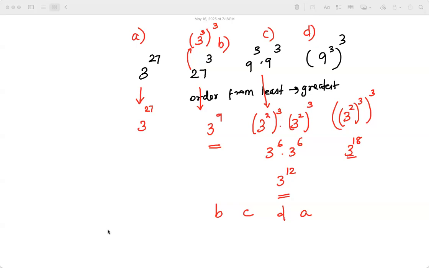I think that raised to the power 27 is on the right side. Is the greatest, I think. Is 2 to the power 27 the greatest? That is right, but I asked you to order from least to greatest. Did you get it? I was still solving. Okay, can I move on now? Yes. Okay.